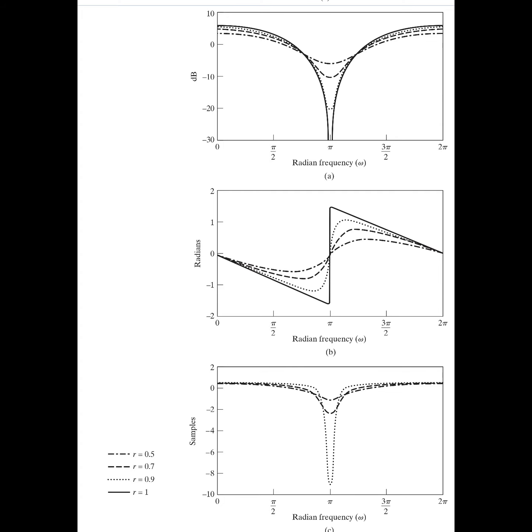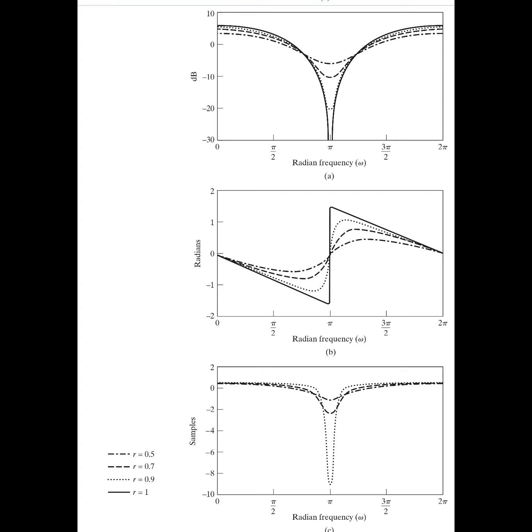Note that in figure C, which is the group delay function, we have not used r equal to 1. So there are only 3 subplots in figure C for r from 0.5 to 0.9, while in the first two plots, A and B, you see r from 0.5 to 1.